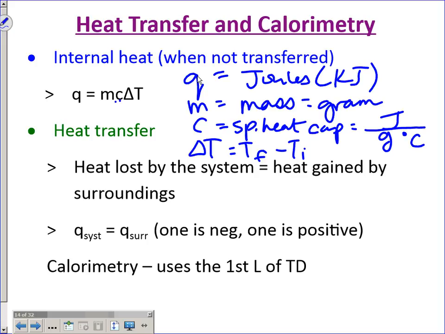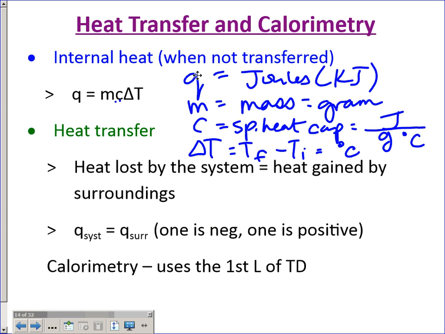Just like on the previous problem, where I did volume initial and volume final, because you have to do changes as final minus initial. You do this in physics all the time if you take physics in college. So this is going to be in degrees Celsius. Okay, so this is MCΔT, and later on we're going to learn that Q can also equal just CΔT, with coffee cup calorimeters.